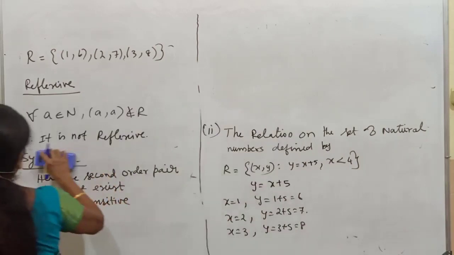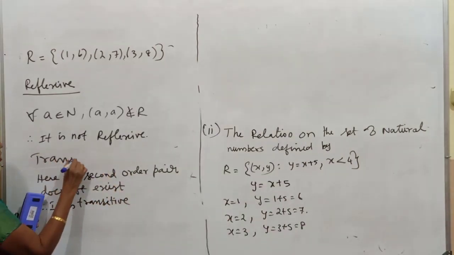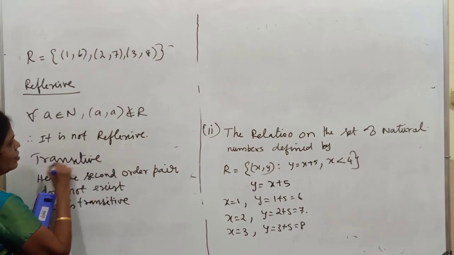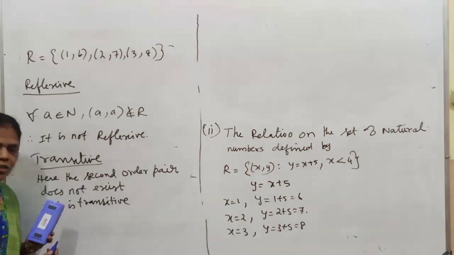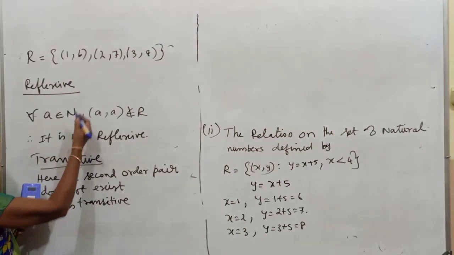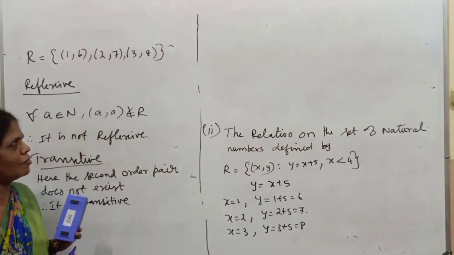So let me make it transitive here. We have to do symmetric, but I did transitive. All of you following? So transitive means what? The second ordered pair you have to check. It is not there. Therefore, it is transitive.